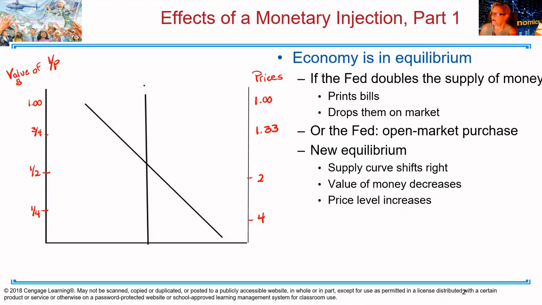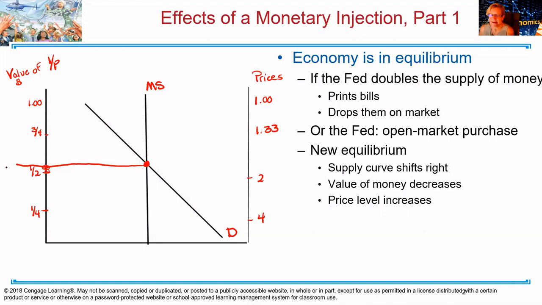Okay, so as we looked at in our first objective, this is the money supply, again perfectly inelastic. So this is the supply of money and this is the amount of money demanded. Right now, the value of $1, we're going to say is equal to 1/2, just to make it easy.